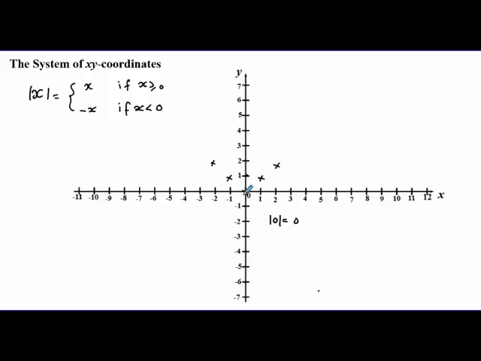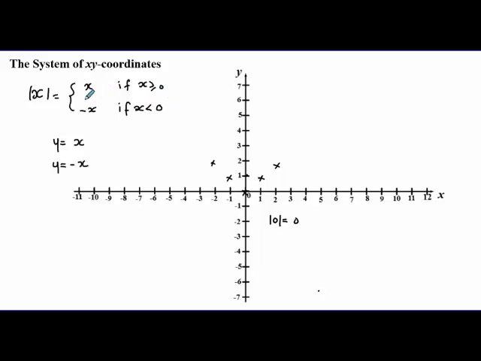So what we notice is that we can now recall that we've got a function y equals x, which is the bisector of the first and third quadrants, and we also have a function y equals minus x, which is a bisector of the second and fourth quadrants.